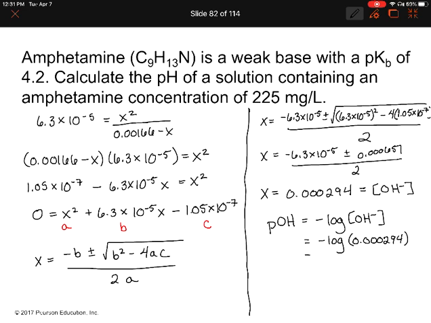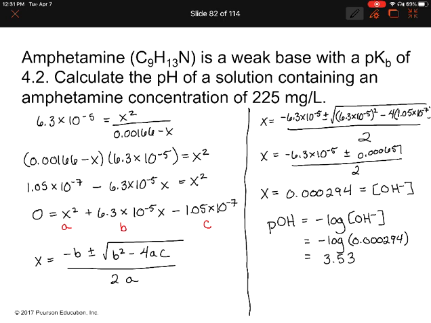So that will equal 3.53. Now remember that a small pOH value means we have a base.